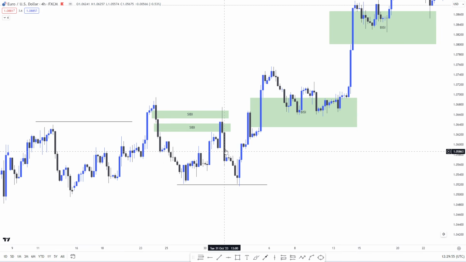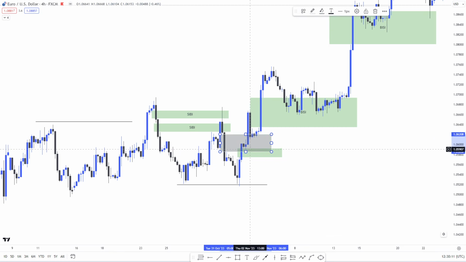We've extended our way. We've created an inverse within here. You can see here this BISI was created, but we're still inside an inverse. Maybe that's a little bit risky. What can we see that's been created here? An inverse. So now we have created the inverse. We can see price came up and actually came back down into the inverse, expanded to the upside, creating this huge BISI.